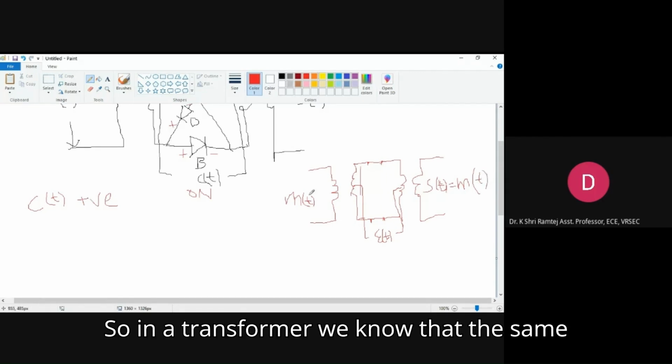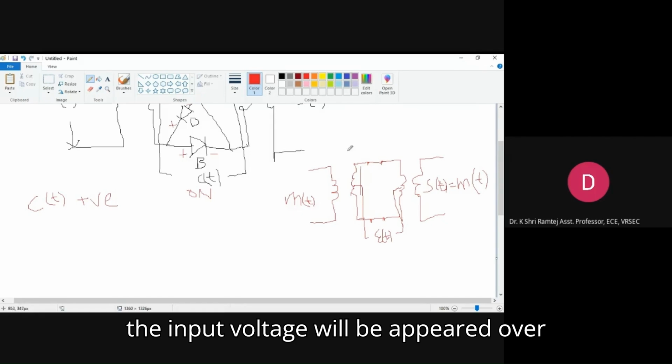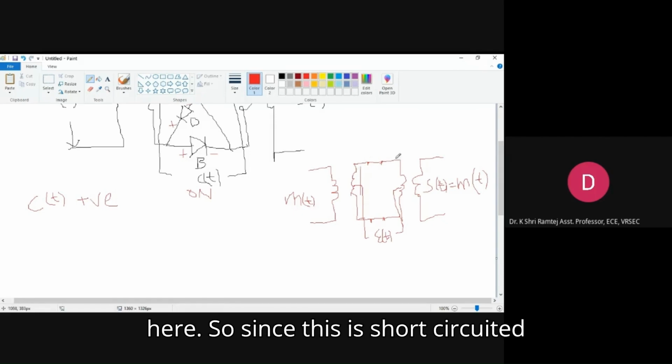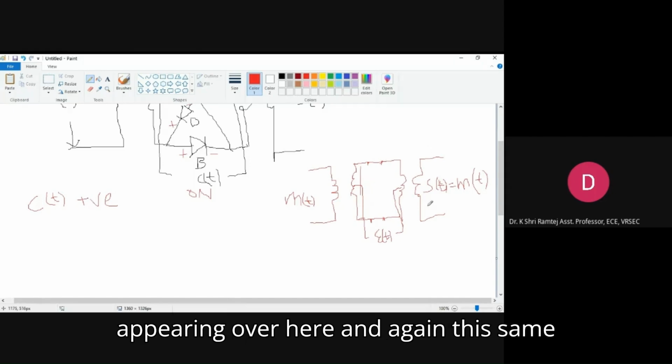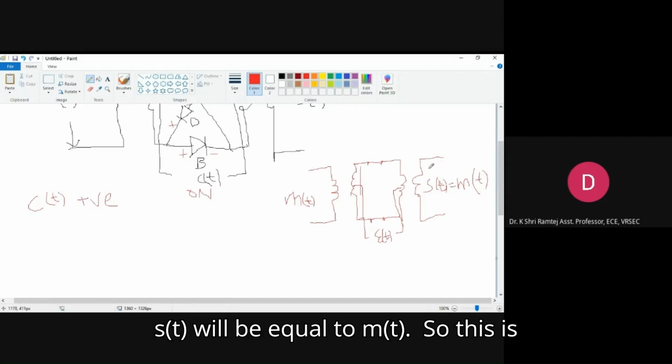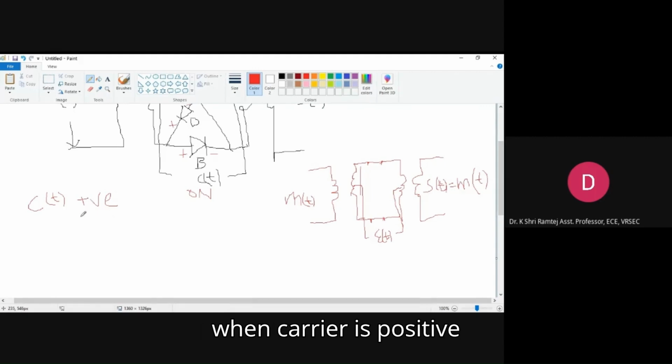In a transformer, we know that the input voltage will appear over here. Since this is short circuited directly, the same M of t will appear over here. And again, S of t will be equal to M of t. So this is when the carrier is positive.